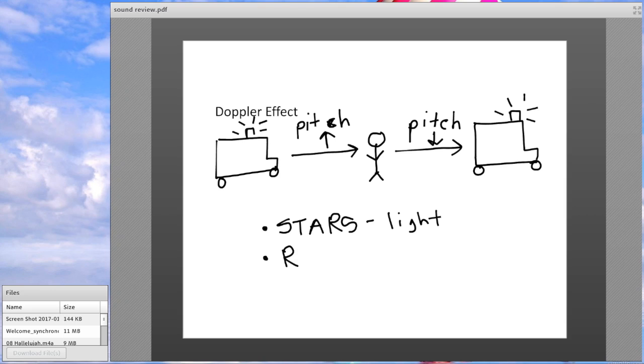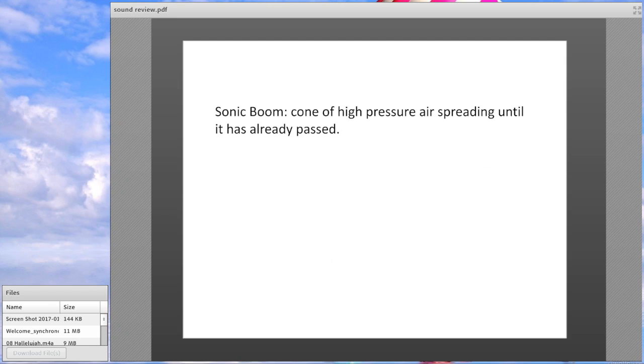Your Doppler radar forecast. Someone I think did a discussion post where they talked about how a police radar was the Doppler effect. So that was another example. So it's not just sound waves; it can be other types of waves as well.